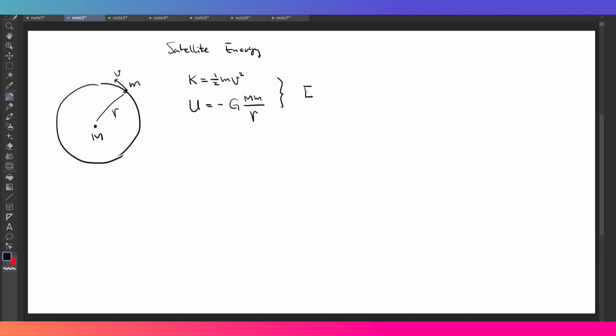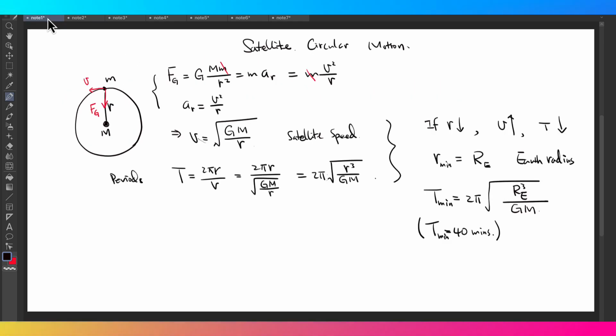Therefore, the total mechanical energy of the satellite is K plus U equals 1/2 m v squared minus G M m over r. However, it turns out that K and U have more relations we haven't explored. So let's recall this equation here.